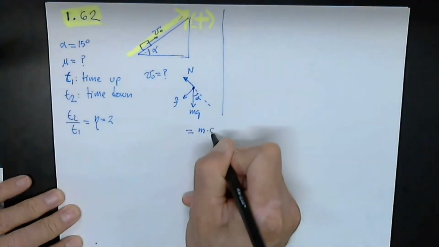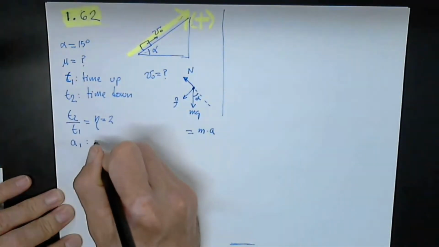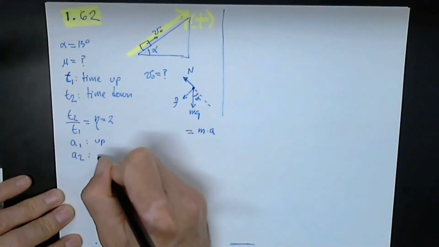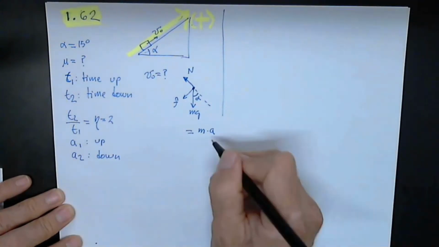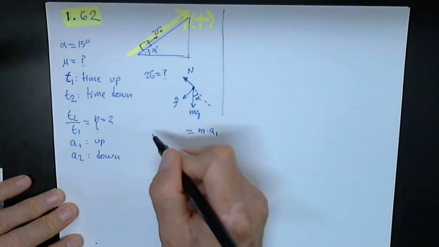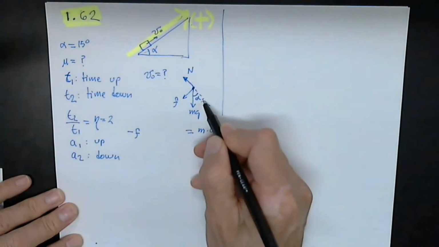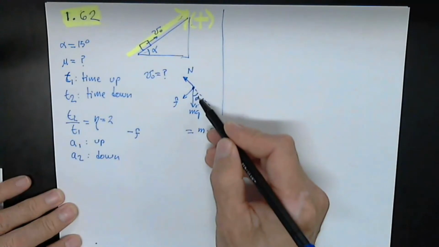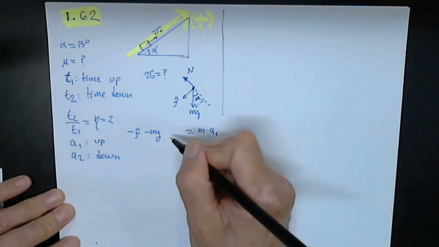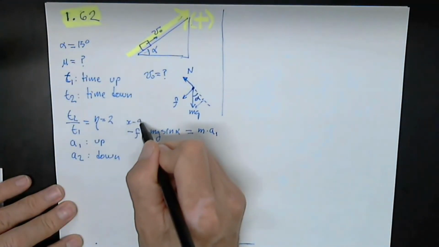Then mass times acceleration, let's call acceleration up A1 and acceleration down A2, is negative F, the friction, and this component over here that is opposite to alpha, so it's mg sine of alpha. This is in the x-axis.